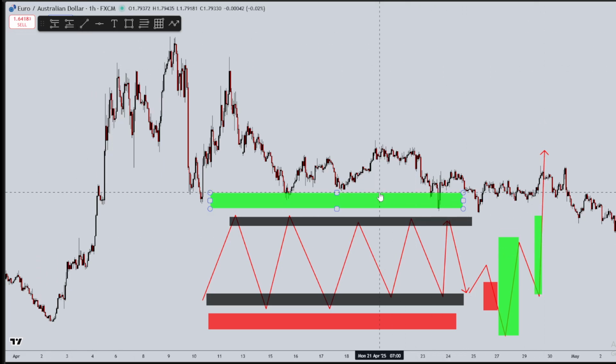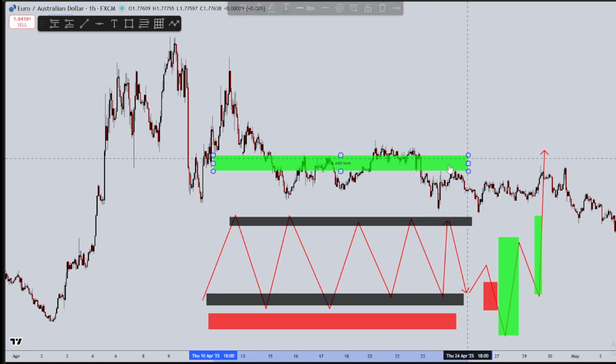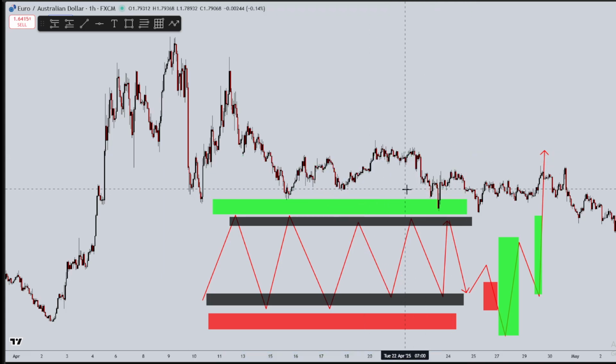Where are we going higher to? Somewhere where there are buy orders. Why? Because to get out of my buy positions, I need to sell. Where do I find buyers to sell to? Here, the liquidity. So that's the principle of it.